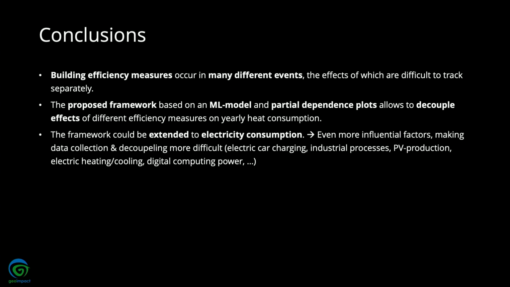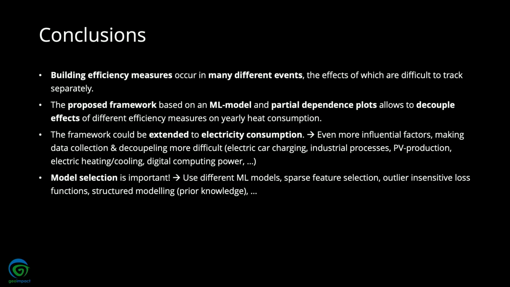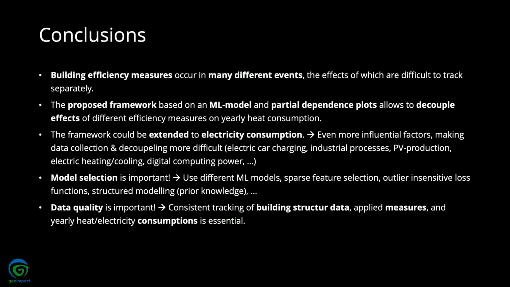There it's even a little bit more difficult because there are even more influential factors for electricity demand, but basically possible. And we have seen that model selection is important. So there is the machine learning model. We have seen the two different values. So we should also take attention on the models, maybe try different models. And data quality is of course important.